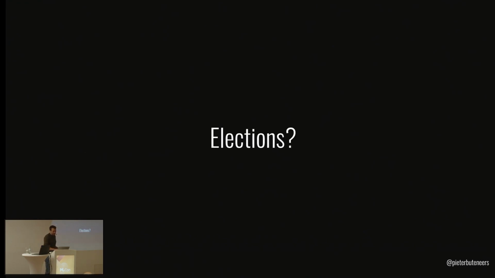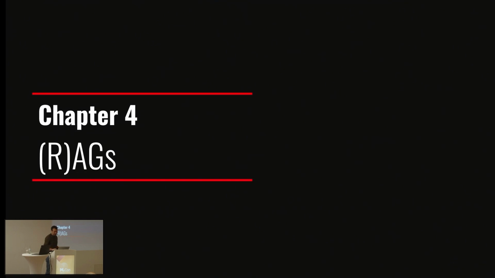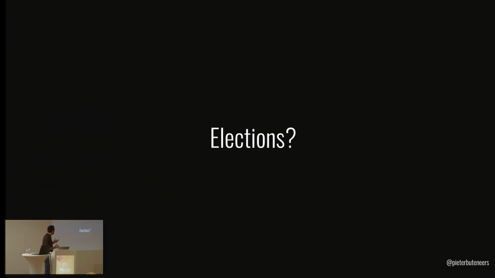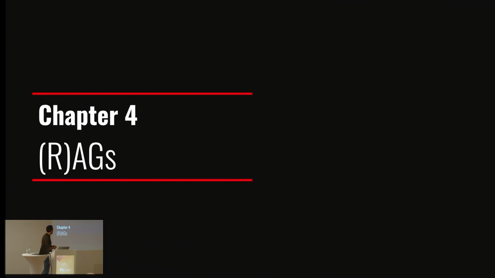Fine. Now, what we had not so long ago, obviously, is elections, and things changed a bit. So what you have to do at that point is provide the system with new information. If there is no new information, it can't know. So how will you do that? The way to do that is to work with RAGs.